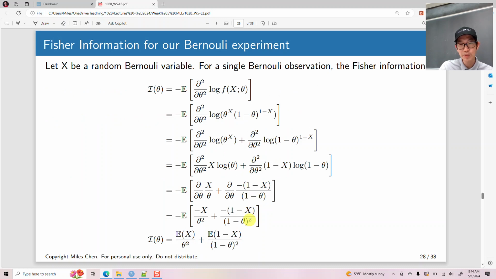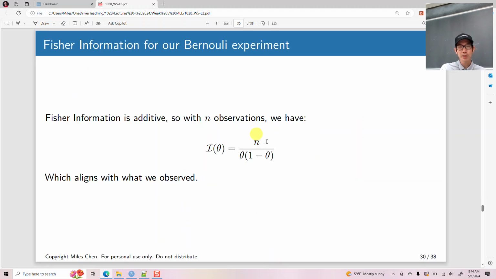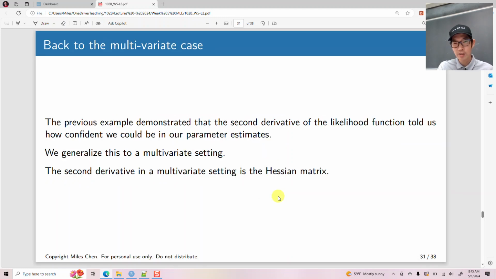You could also do the math plugging in if you have n observations, and you'll also end up arriving at the same thing. So if you do a binomial experiment and you talk about how many total n trials you had and how many x successes you had, you'll end up getting the same answer there.